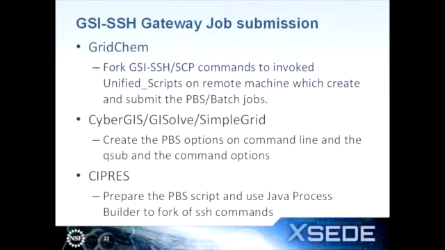So these are the gateways which consume GSI-SSH to do their job submission: GridCam, CyberGSI, and Cypress. They use GSI-SSH in different ways. Basically, GridCam uses unified scripts to submit jobs, and CyberGSI creates a command with all the parameters and arguments, and then does a qsub and submits the job.